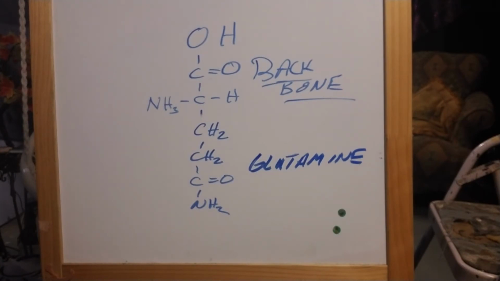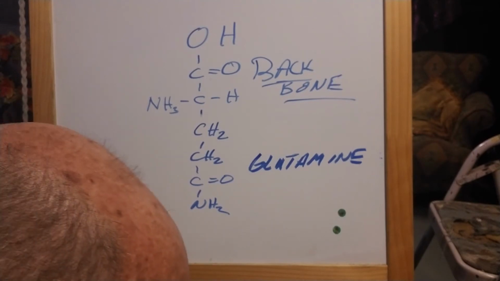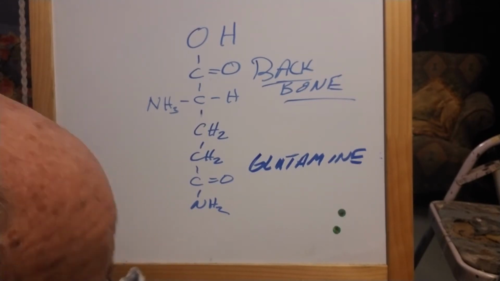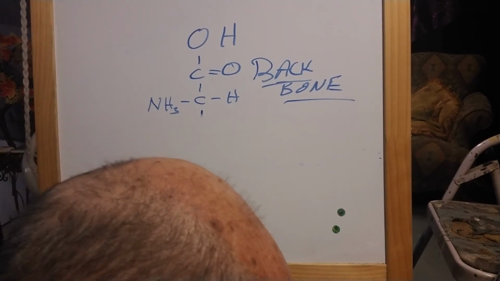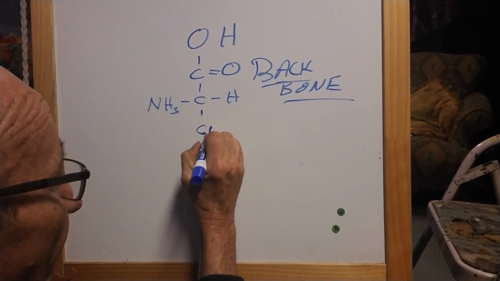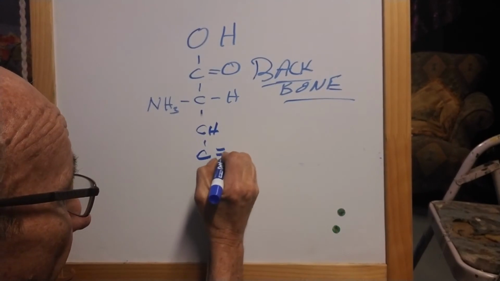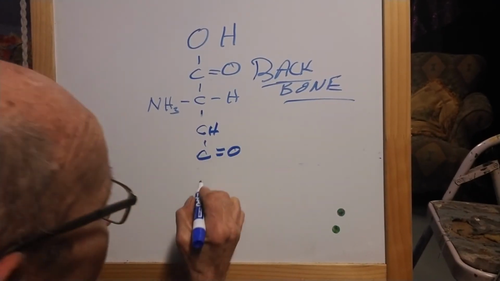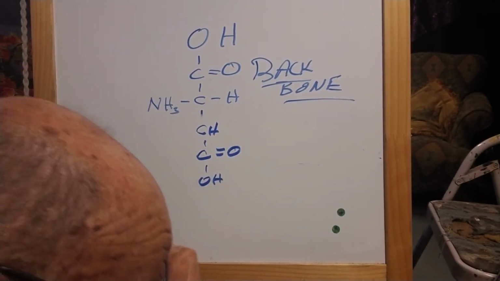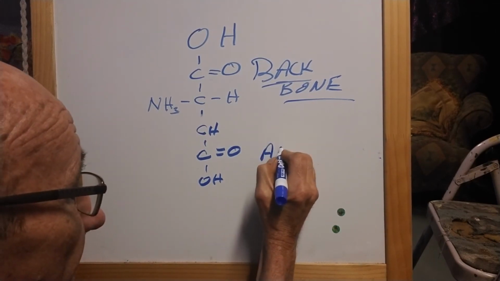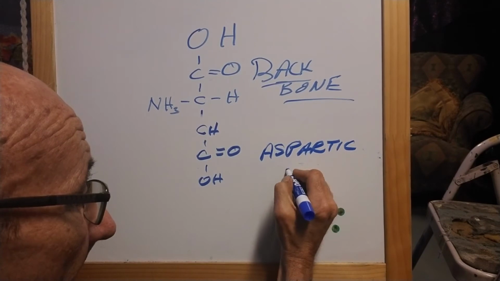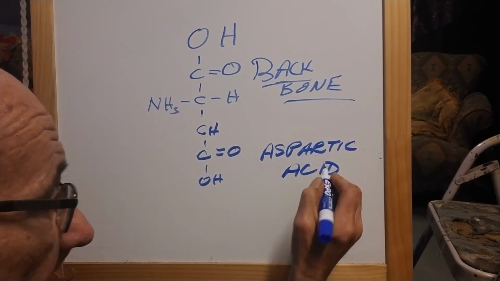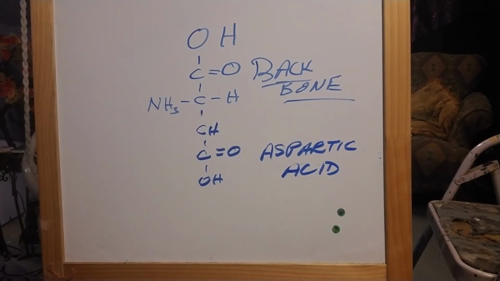A non-essential, your body can make it, and there's a great deal of this in you. This is a CH2, the C double bonded to an O, and then an OH, aspartic acid. Also a non-essential.